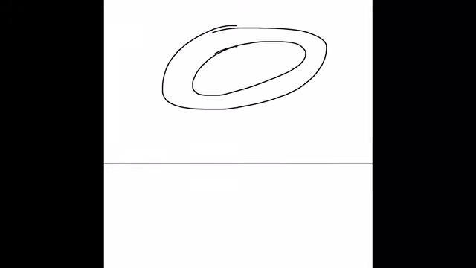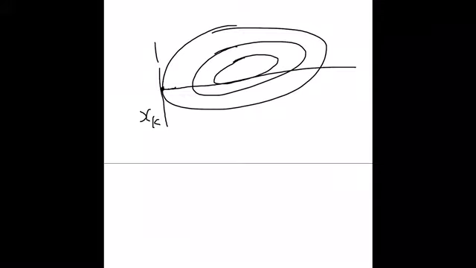This is a contour plot. At this point, xk, you find the descent direction and you move in that direction. You are using exact line search, so you find this point.